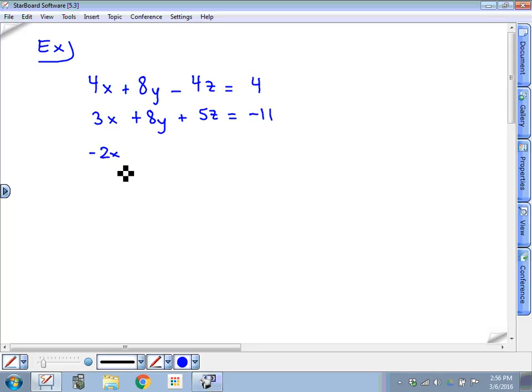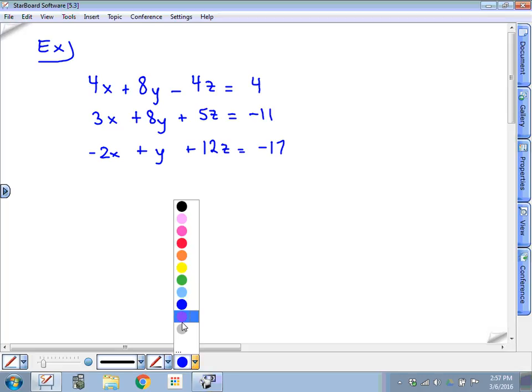And negative 2x plus y plus 12z equals negative 17. I'm going to help you get started here and then I'll have you pause the video.